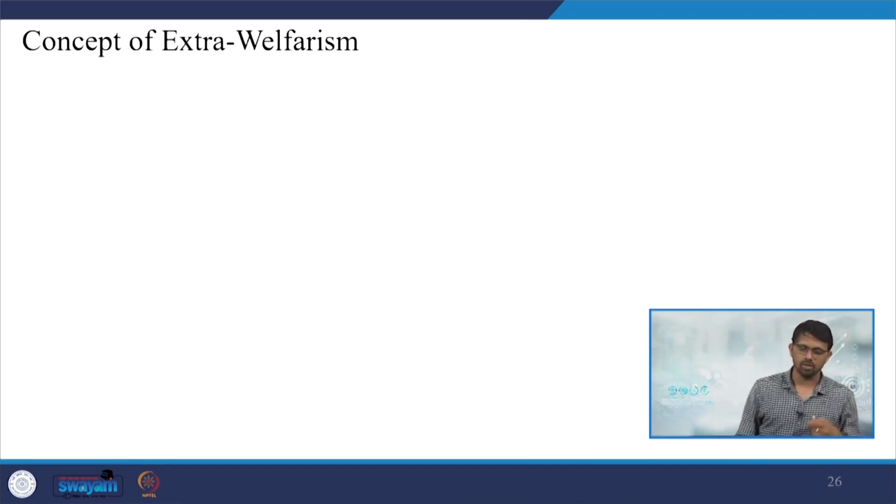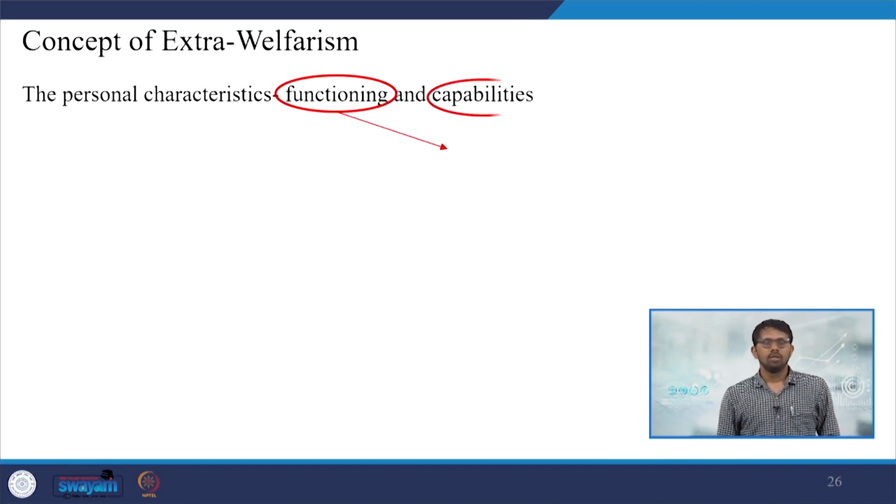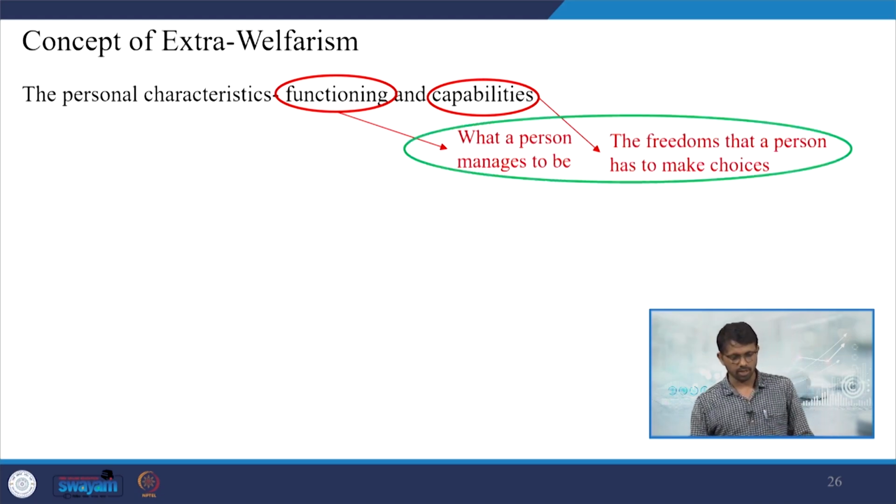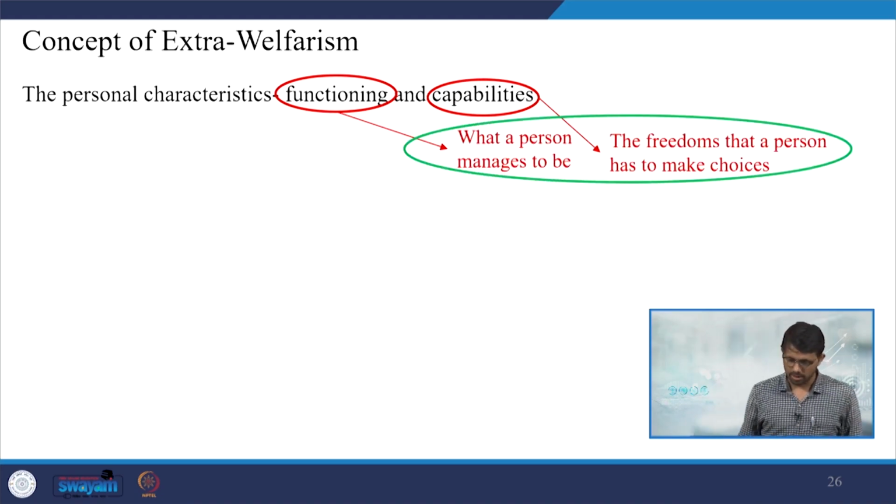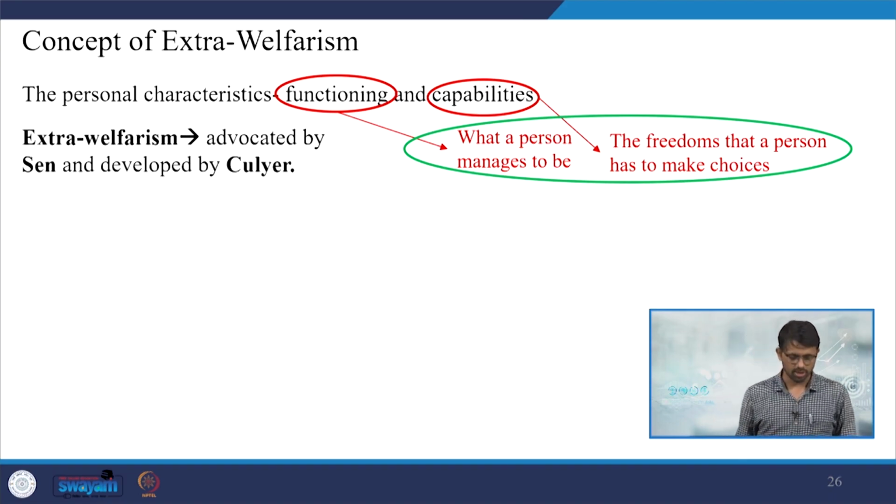Another important concept in the literature is extra-welfarism, which is related to functioning and capabilities. Personal characteristics are based on functioning and capabilities. Functioning emphasizes what a person manages to be, and capabilities emphasize the freedoms that a person has to make choices.